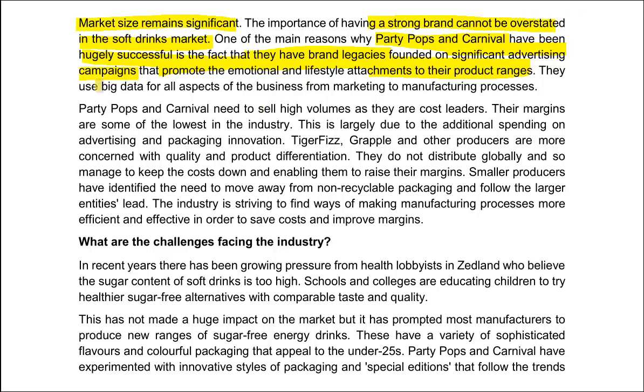And also, big data is used for all aspects of those businesses. Now, let's assume, take it for granted, Grapple acquire Tiger Fizz, become bigger, they will need to utilize big data. Now, the important part about big data is the 3 V's. That's volume, velocity, and veracity. So with this in mind, we're going to need to have some big data servers, maybe acquire a larger database.